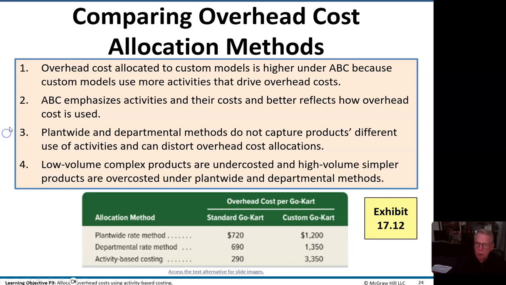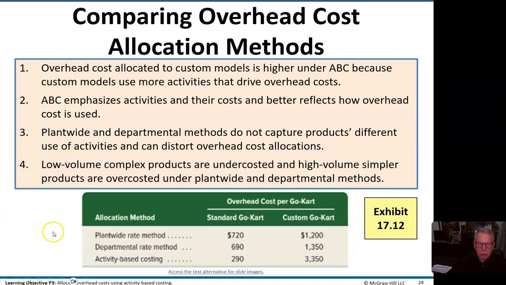And number three, the plant-wide and departmental methods do not capture products' different use of activities and can distort the overhead cost allocations. And finally, number four, low volume complex products are normally undercosted and high volume simpler products are overcosted using the plant-wide and departmental methods, often called volume measurements, using direct labor hours and machine hours.